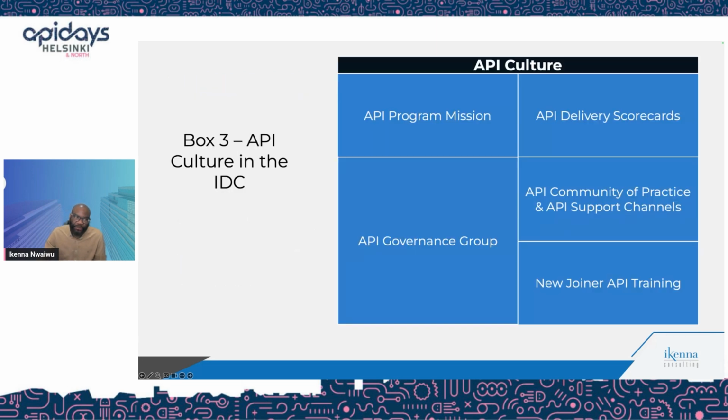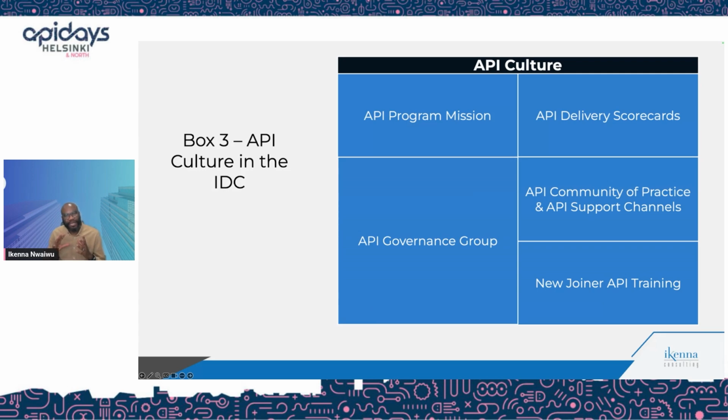The API culture box in the IDC is box 3. It looks at the API program mission, the API delivery scorecards, whether there is a governance group, an API community of practice or support channels, and new joiner API training.